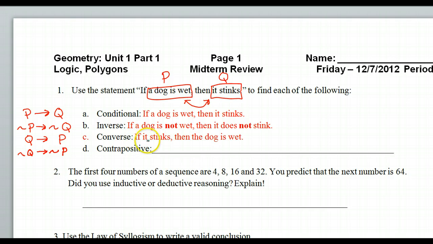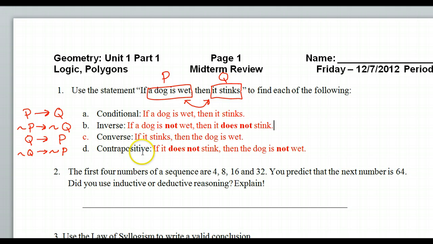So if it does not stink, then the dog is not wet. That would be the contrapositive. So the contrapositive is sort of like the inverse and converse combined. If I had the inverse, which is already negated, I could just reverse it, and then that would be the contrapositive.